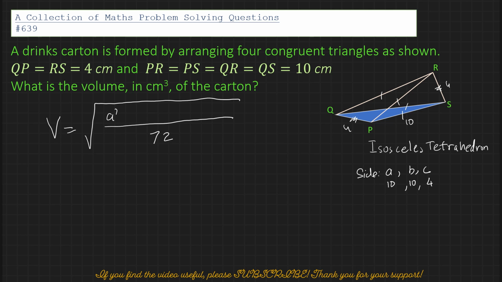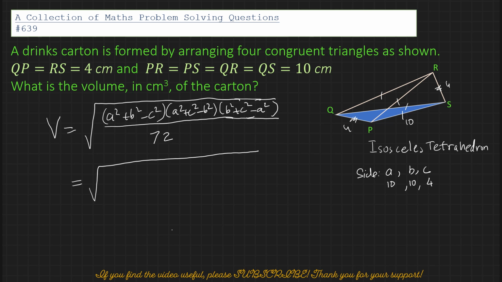The formula goes like this: you have the square root of A squared plus B squared minus C squared, multiplied by A squared plus C squared minus B squared, and that is multiplied by B squared plus C squared minus A squared. And we will just plug in the values here.